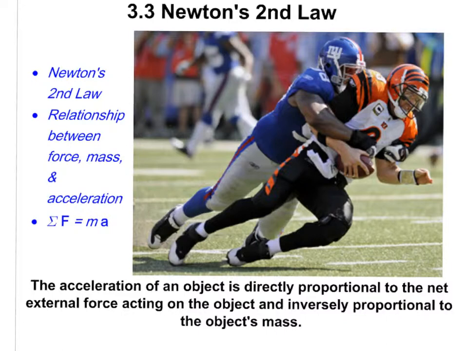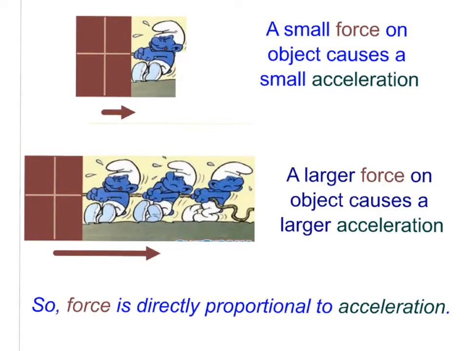We're going to look into the dynamics of that, but essentially this is stating that the acceleration is directly proportional to the net external force, and the acceleration is inversely proportional to the mass, and that's where we get this equation.